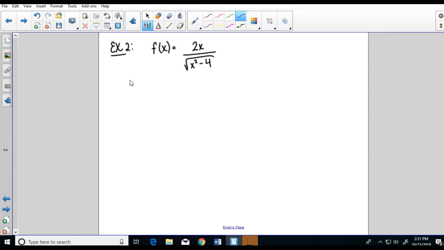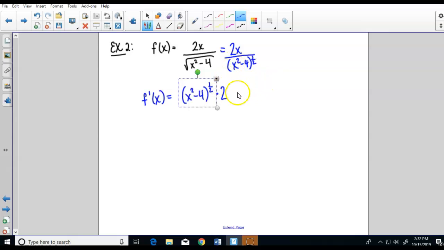So, here's our next one. It's a lot like the last. 2x over x squared minus 4 to the 1/2. So to take the derivative, you've got to use that quotient rule. So f prime of x would be low times the derivative of the high, which is going to be 2, minus high times the derivative of the low.